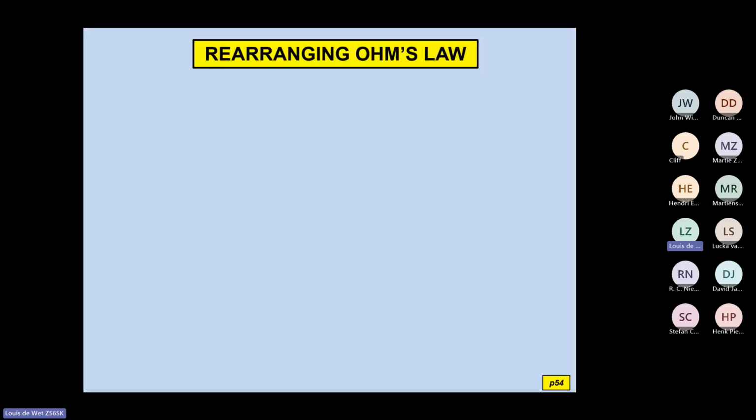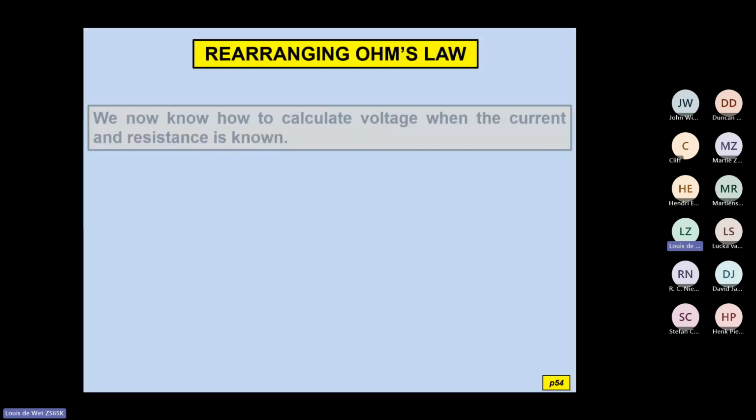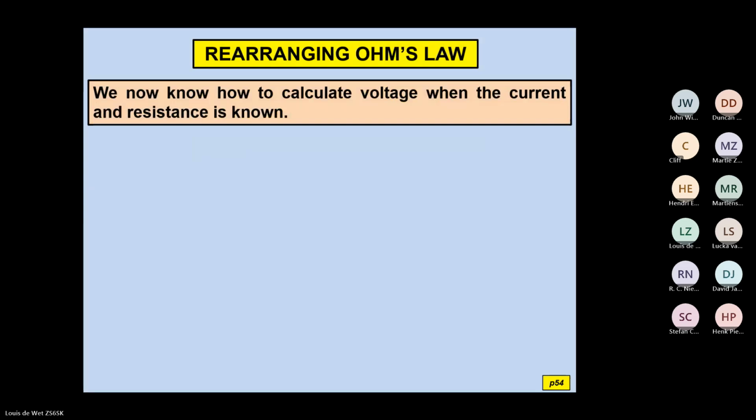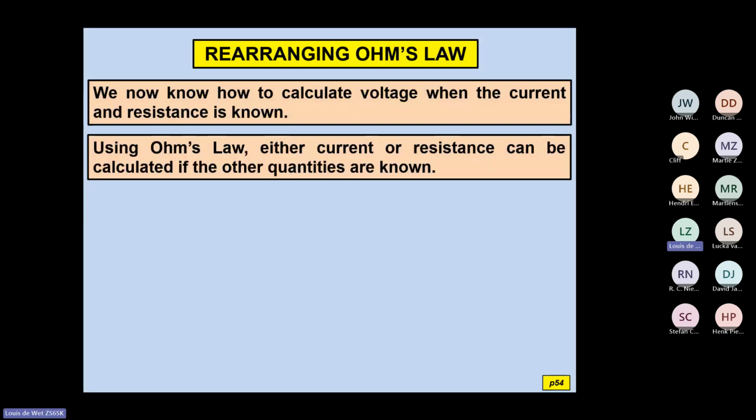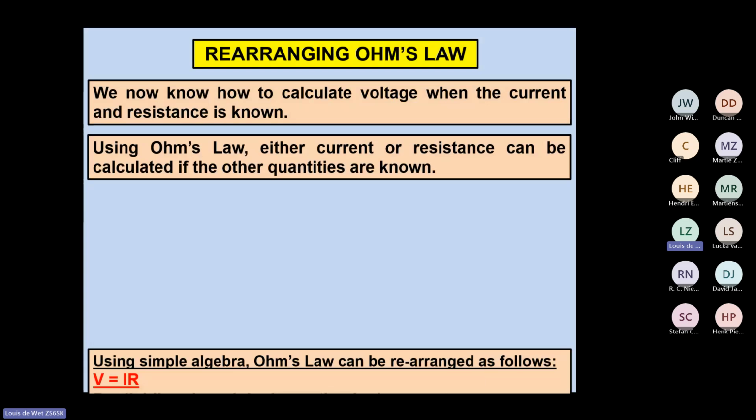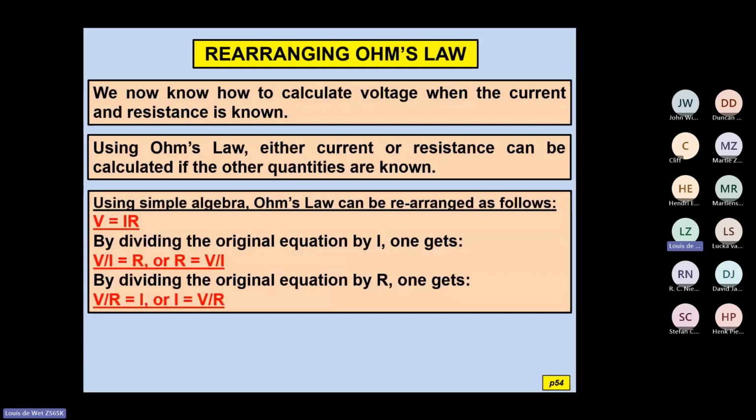When you rearrange Ohm's law, I see I didn't have it here. We now know how to calculate voltage when the current and resistance are known. But using Ohm's law, either current or resistance can also be calculated if the other quantities are known. Using simple algebra, Ohm's law can be rearranged as follows.